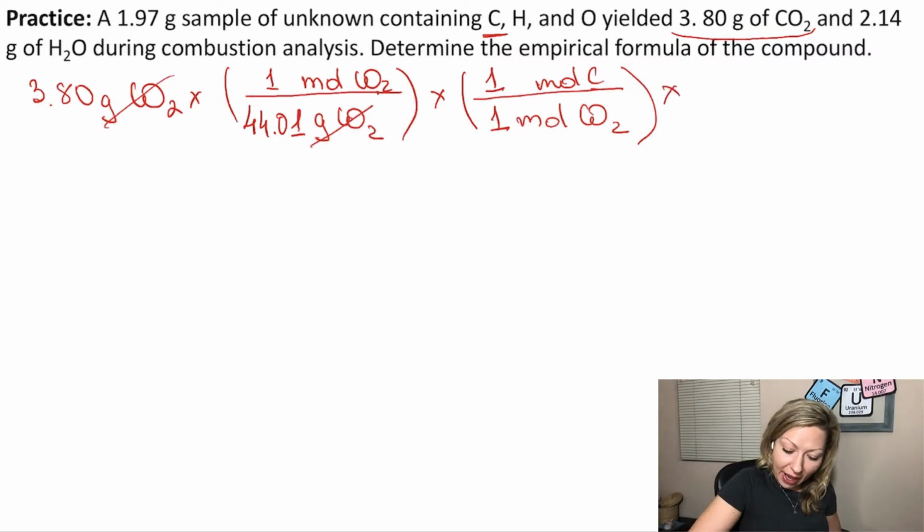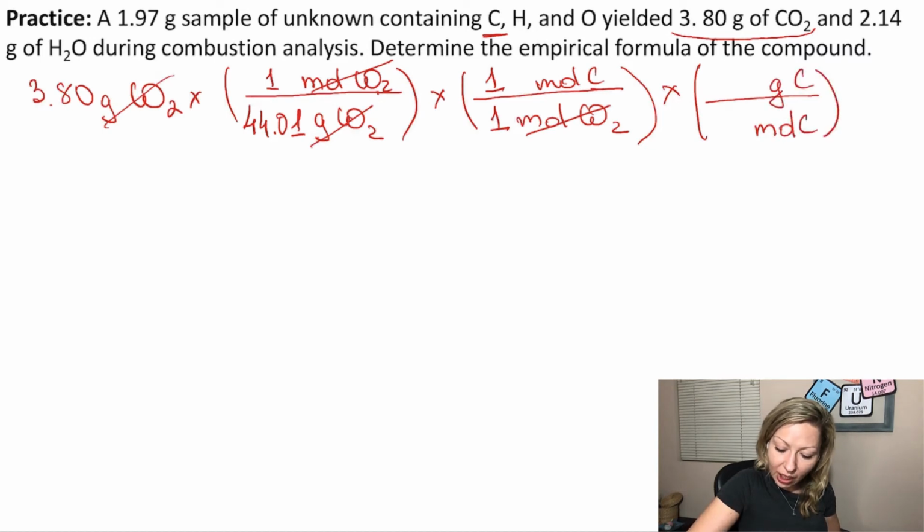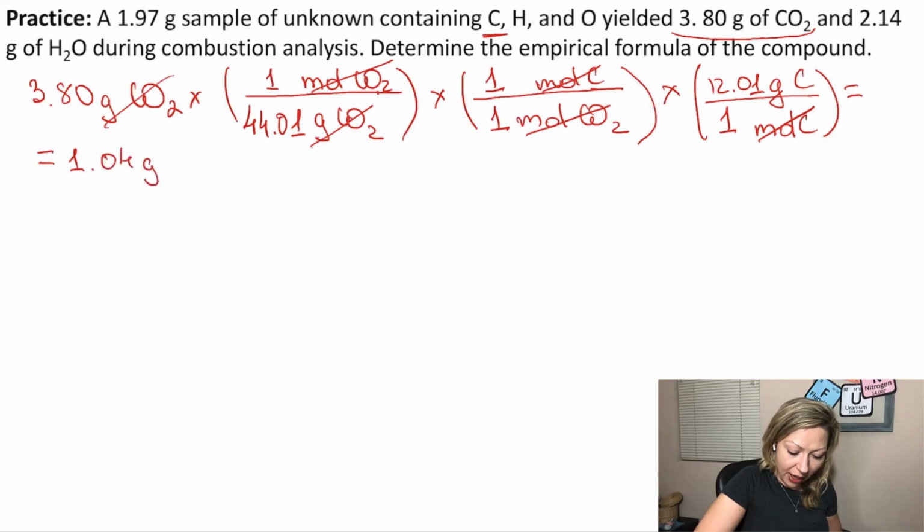Now, if I have the moles of carbon, I can convert that into grams of carbon. So in 1 mole, I have 12.01 grams of carbon. Okay, so if you do this calculation, you are going to arrive at 1.04 grams of carbon.